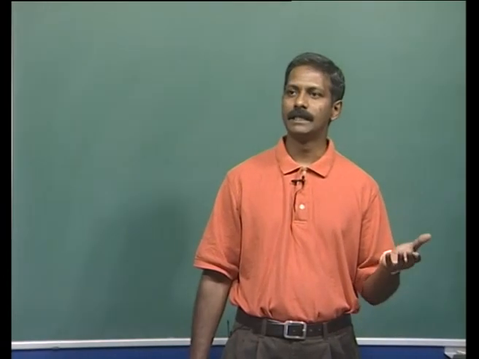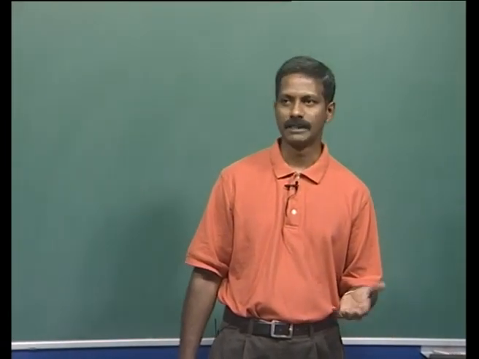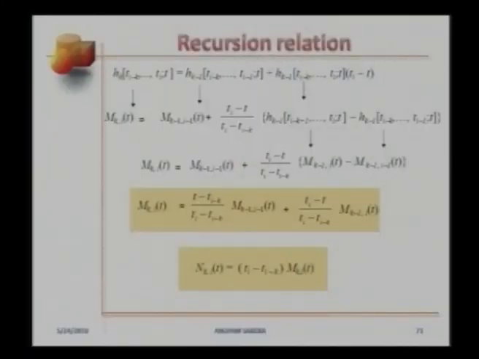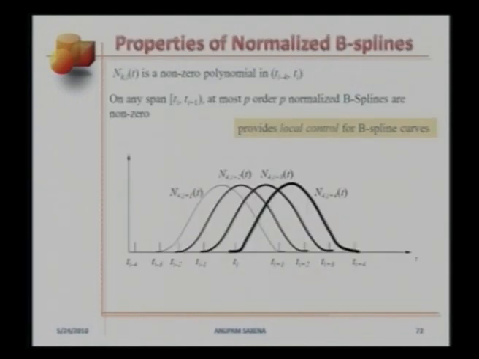This was very similar to de Casteljau's geometric approach when dealing with Bezier segments. To get the recursion relation for B-spline basis functions, we used the Leibniz result, and we had a nice looking recursion relation that related the order k B-spline basis function with two order k minus 1 B-spline basis functions, and then we had normalized our spline functions or spline basis functions. We looked at certain properties.